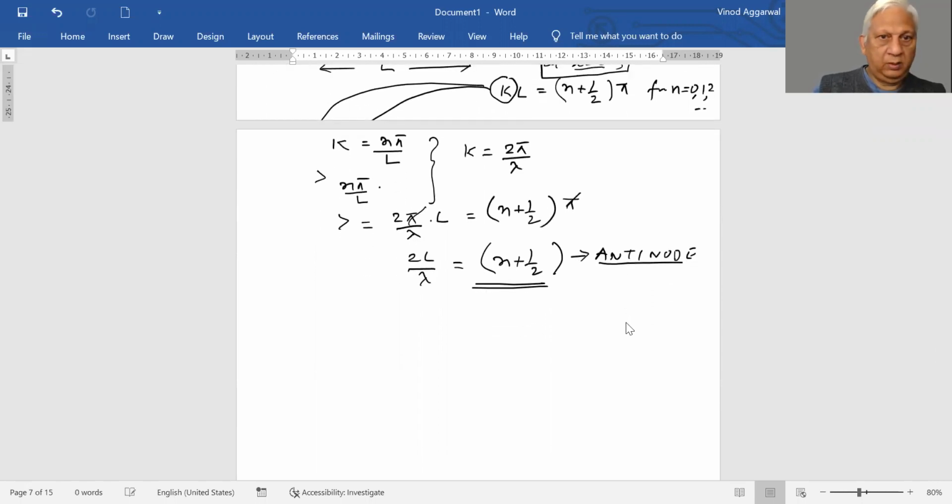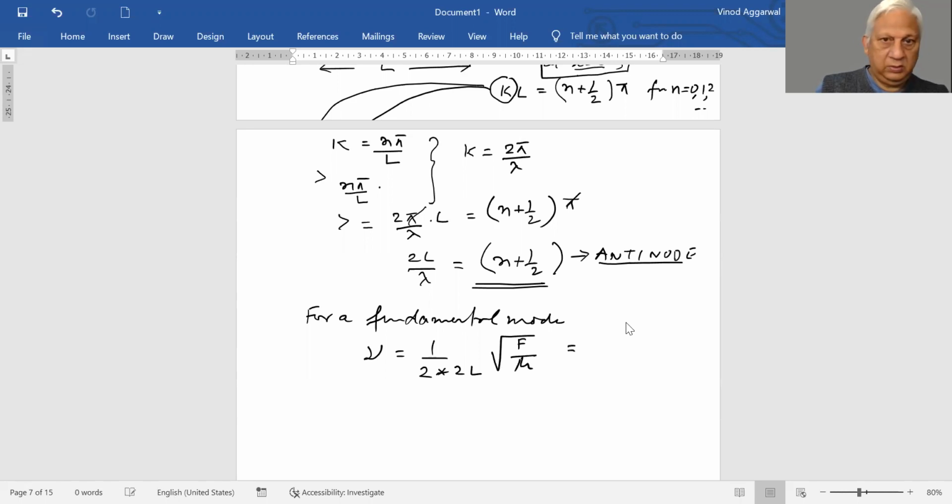Now, for the fundamental mode, frequency is given as this, and we know that this is nothing but the velocity of the wave.